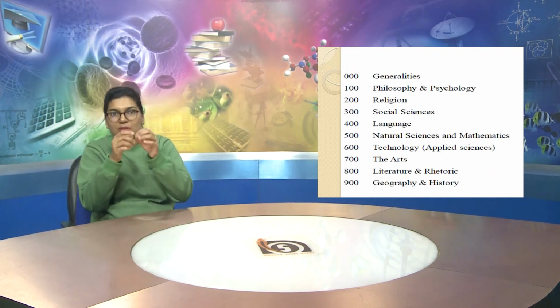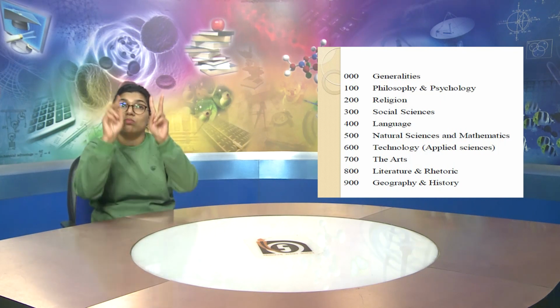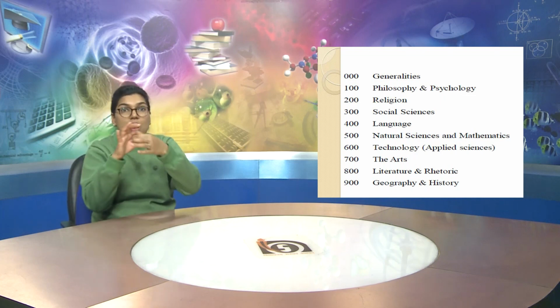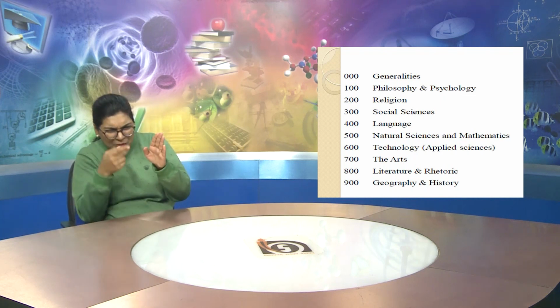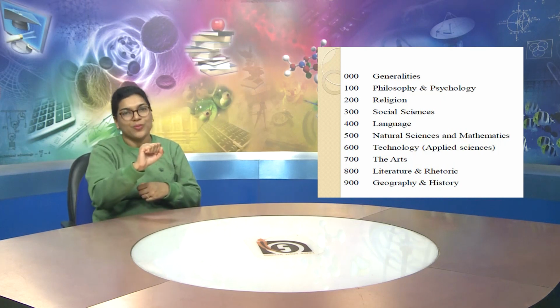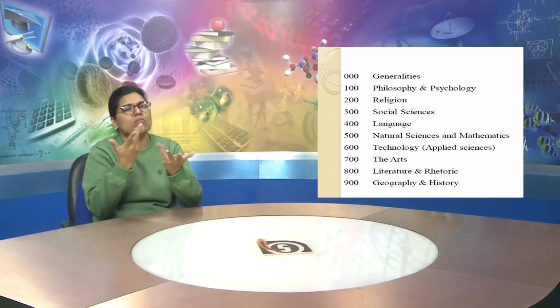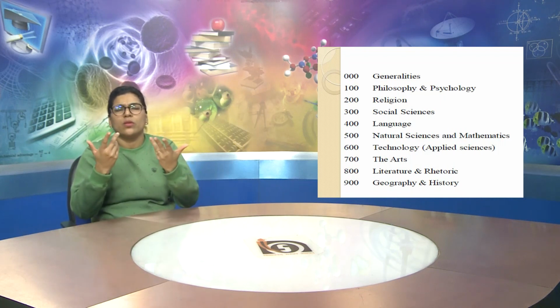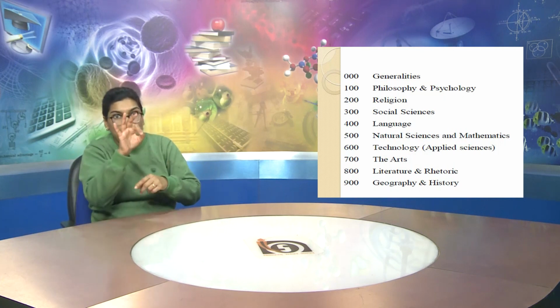Now here you can see the list which we already discussed earlier. These are all the codes for different subjects, so they are used as they are. You can understand this by going to the library and trying to see for yourself all these code numbers with the subject names, so that you can easily understand that these numbers are used in all the libraries.